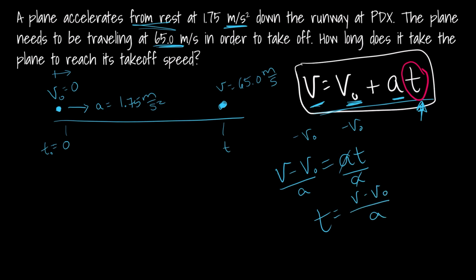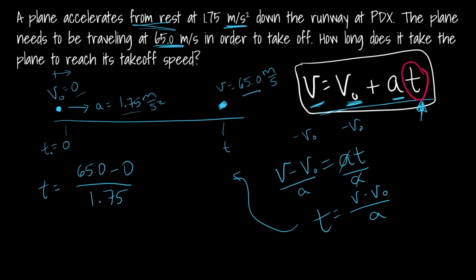Once I have that, I can plug my numbers in. So t is equal to my v, which is 65, minus my v naught, which was 0, divided by my acceleration, which is 1.75 meters per second squared.